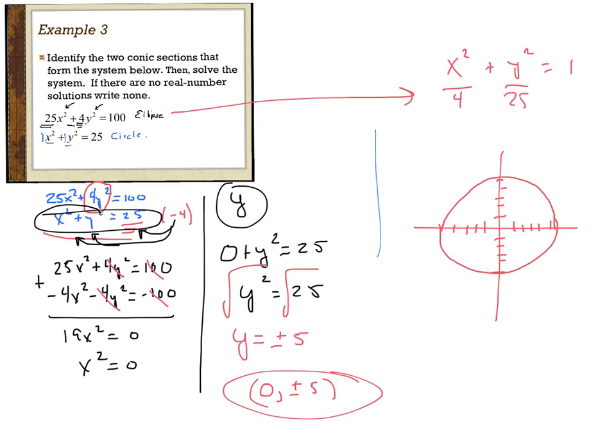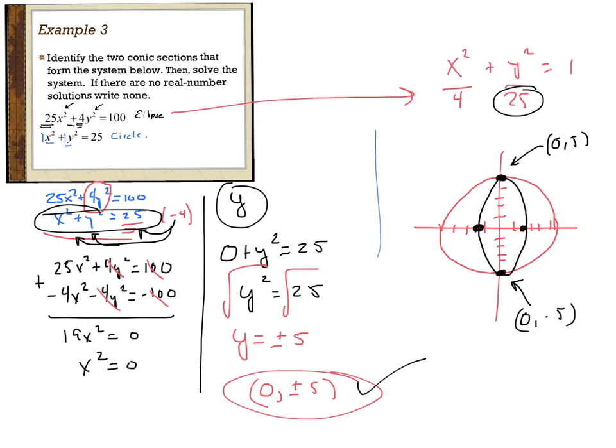So what I know is that these are my vertices, which actually are right here, right on the circle, and then my co-vertices are going to be 2 and -2, so this is my ellipse. And we see the points of intersection at (0, 5) and (0, -5). So our answer is good.